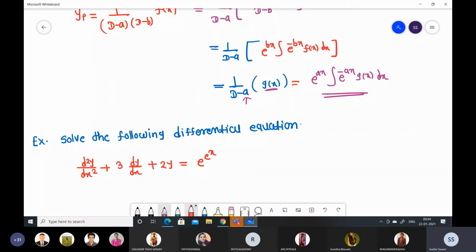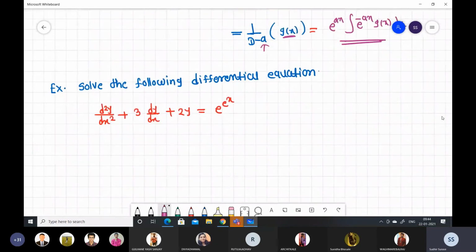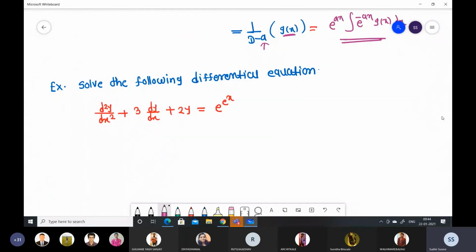Okay, so you can see right hand side is a function of variable x. So this is a non-homogeneous differential equation. So to find the general solution, we need to find the complementary function as well as the particular integral. Okay, now look at the process. Solution. Consider the associated homogeneous differential equation.